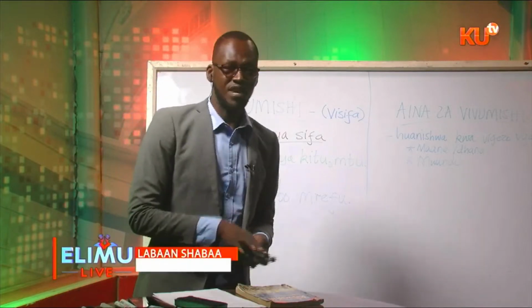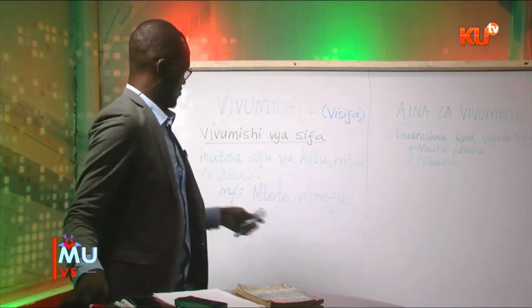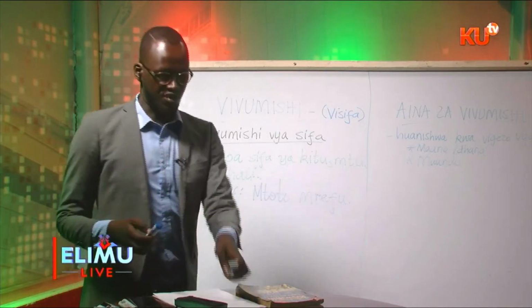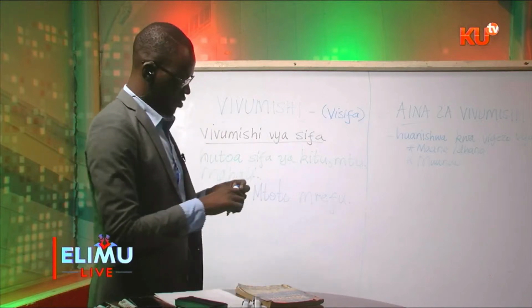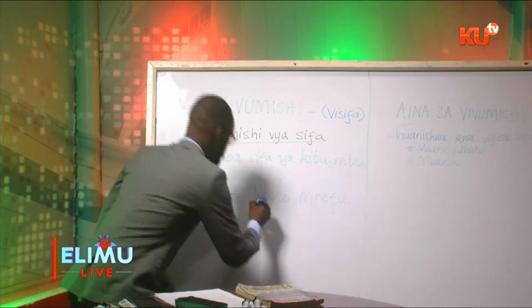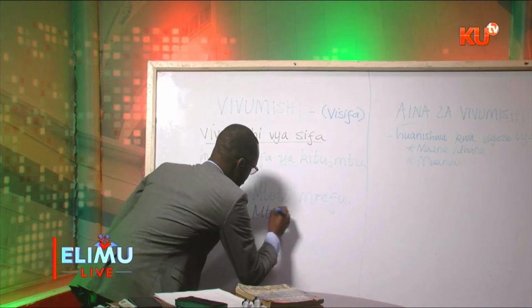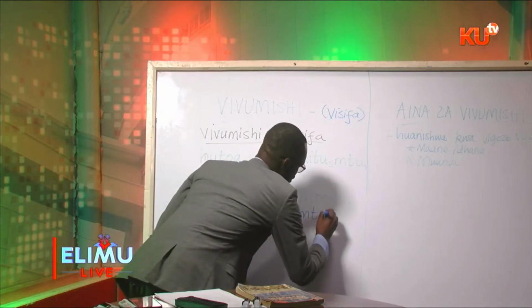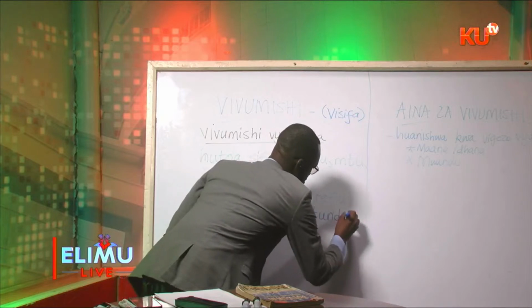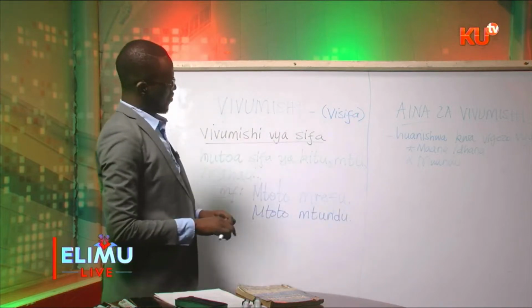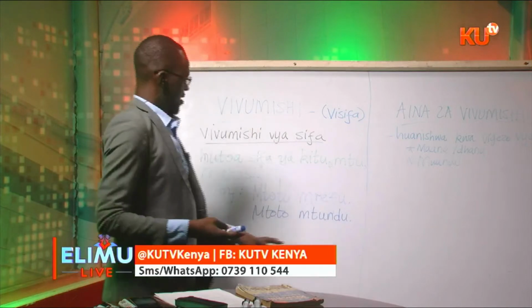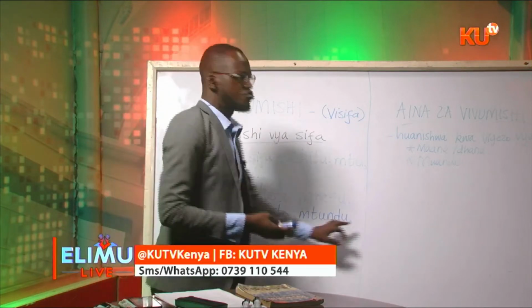Kwa hivyo mtoto huyo tunaanza kumweleza na sifa zake, kama mtoto mrefu. Sifa nyingine, mtoto mtundu. Mungu atuepushe na watoto watundu, atupe watoto ambao wana adabu. Mtoto mtundu, unaona mtoto mtundu.